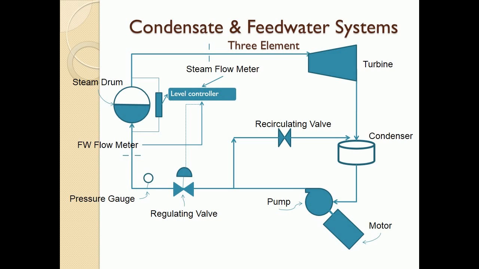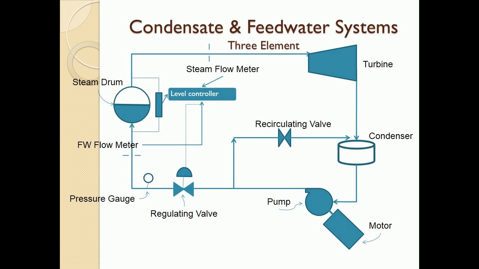Here is shown a drawing of the 3-element control. In this type of control, the steam drum level is used in combination with a comparison between the steam flow and the feedwater flow.